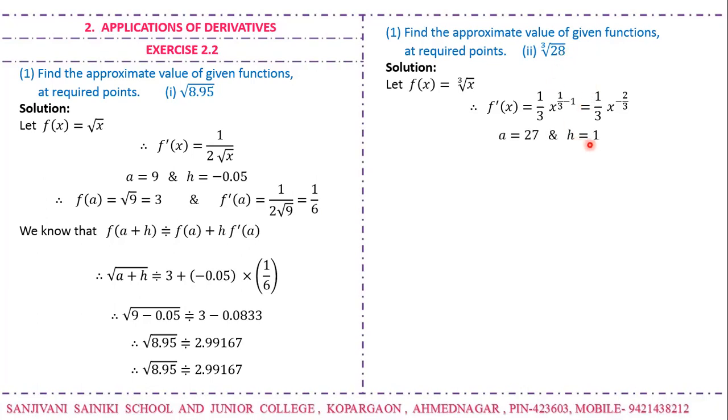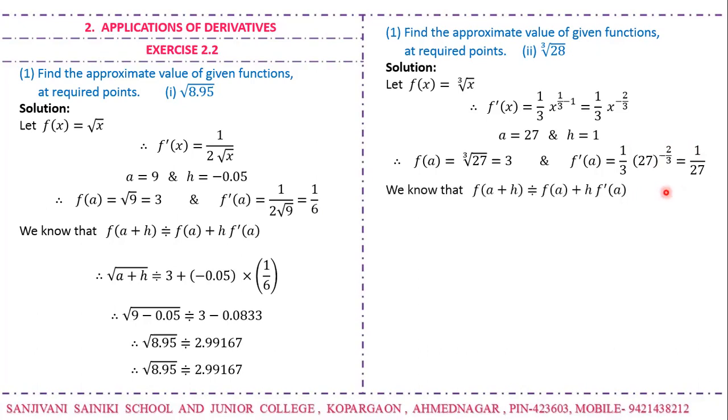So h is equal to 1, so that a plus h is 28. Now the cube root of 27 is 3, so f of a is 3, and f dash at a is 1 upon 3 into 27 raised to minus 2 by 3. If you simplify 27 raised to minus 2 by 3, you will get 1 upon 9. So 1 upon 9 into 1 upon 3 is 1 upon 27.